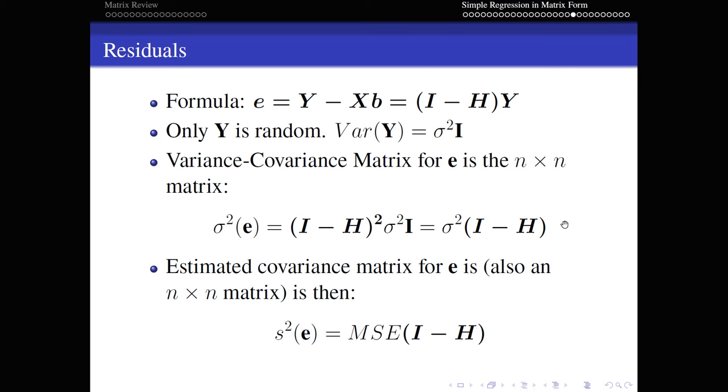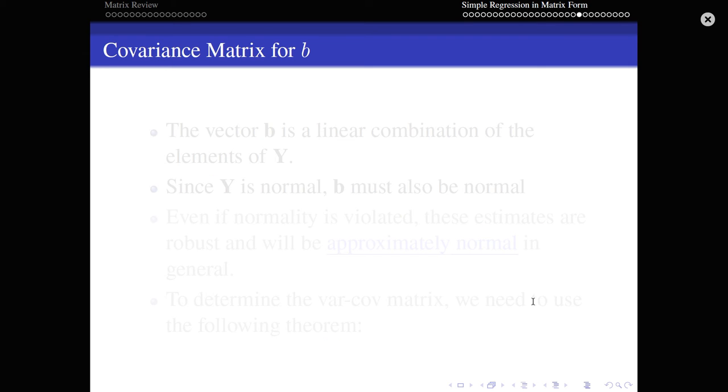Now this is very useful in constructing the covariance matrix because the predicted covariance matrix, this is the theoretical value, sigma squared, but our predicted covariance matrix just uses the MSE instead of sigma squared to calculate the estimated covariance for the residuals.